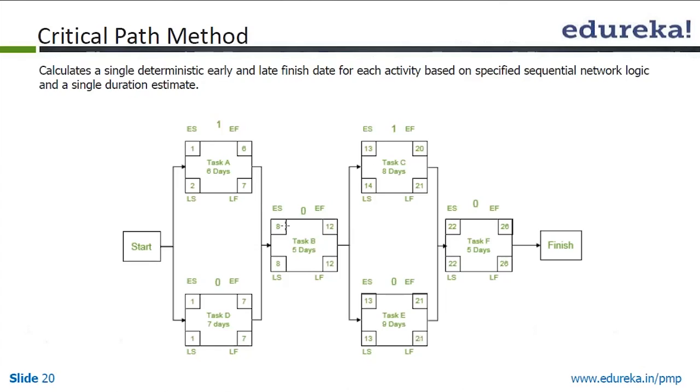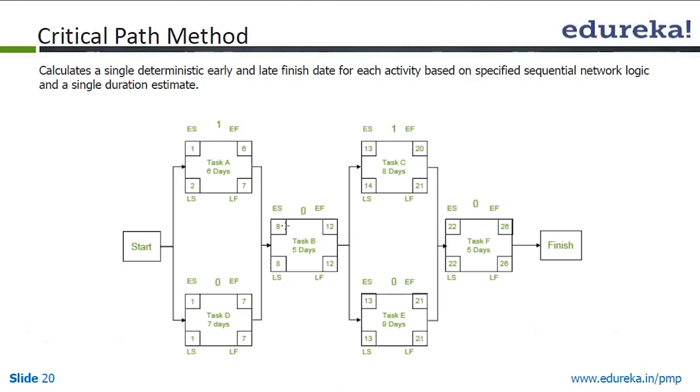So 22 becomes your late start. Now 22 minus 1, 21 becomes your late finish for the previous task. That means if you finish on the 21st day, then on the 22nd day you start the next work. So if on the 22nd day you are starting something, the earlier task should complete by the 21st, the previous day.